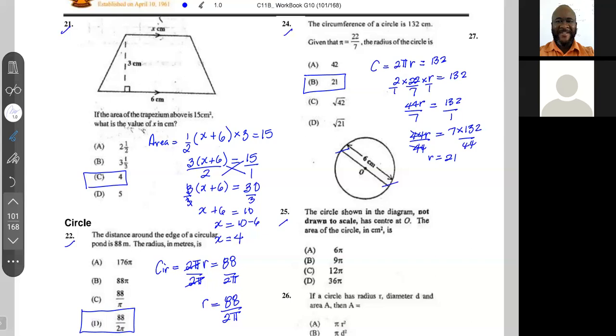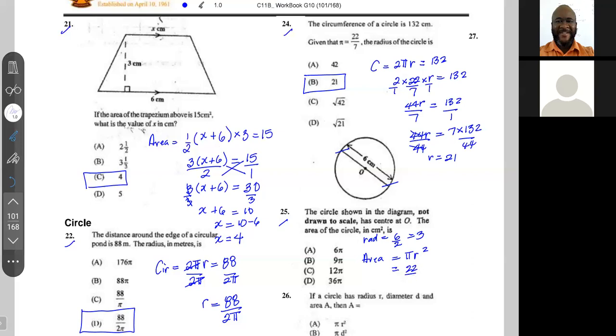It touches the circumference at 2 points and it passes through the center. So if the diameter is 6, it means that the radius is equal to 6 over 2, which is 3. The area is equal to pi r squared.